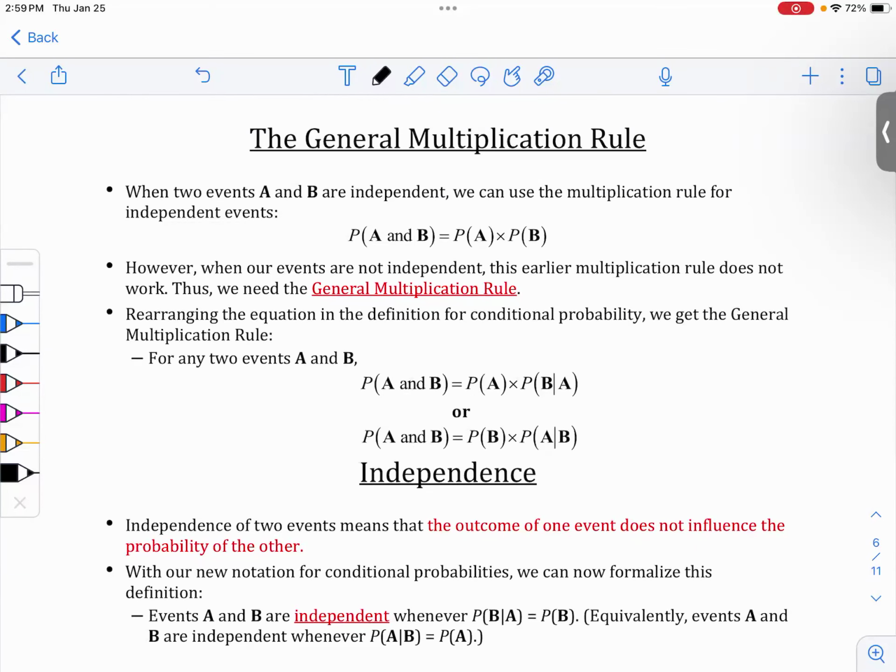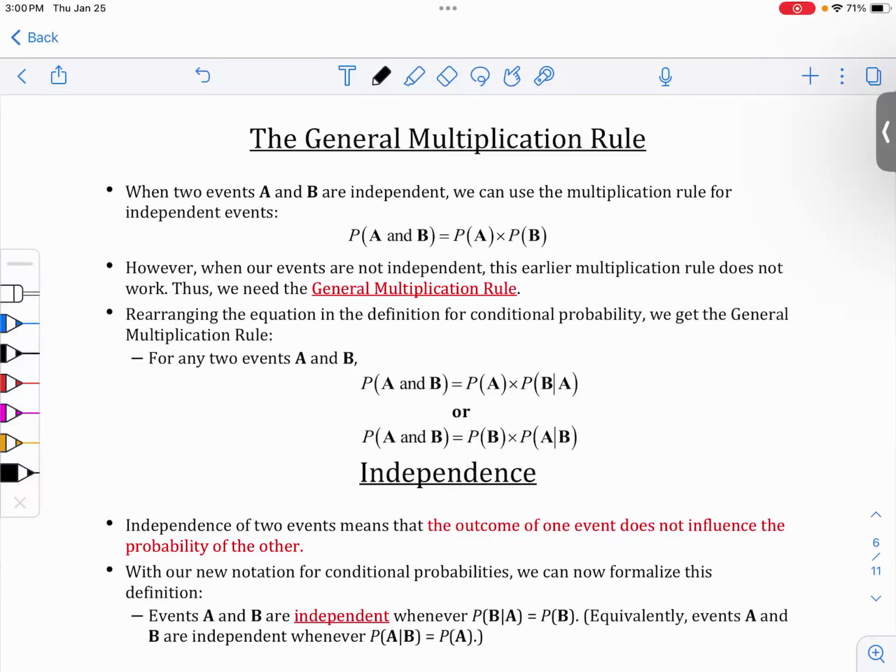All right, so the general multiplication rule. We saw last time that and always means multiply, and that is true, but it depends on the situation. If A and B are independent, then the probability of A and B equals the probability of A times the probability of B. Very, very simple, straightforward.